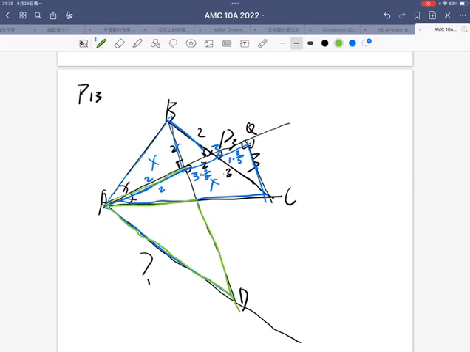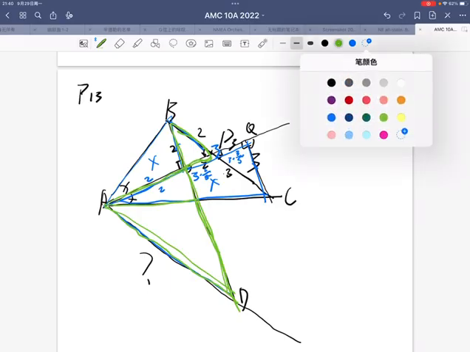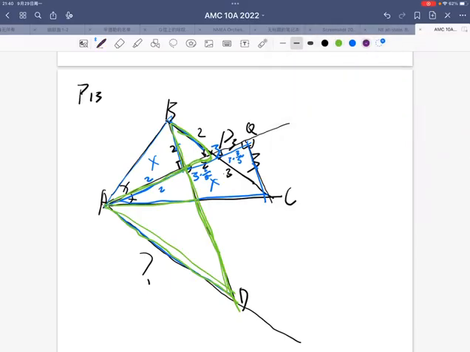AD, no, wait, actually, yeah, it's this one and this one. These two are also similar triangles, because obviously. So now, since we know the ratio is, I need a different color, what should I use? Purple. 2 to 3 times 2 fifths. We just have to find AD using BP, which is obviously 10.